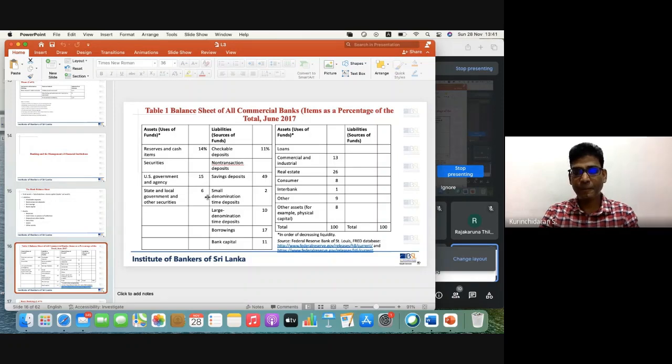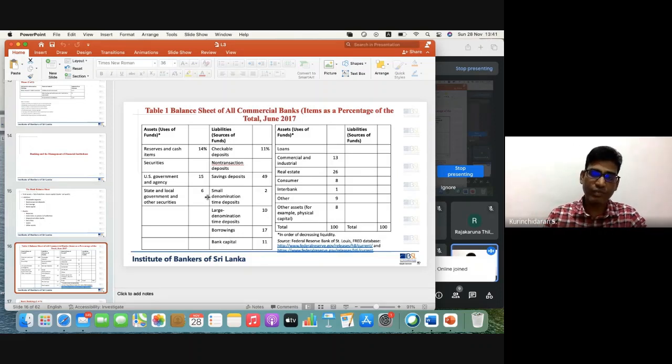And then if you take loans, there are commercial loans 13%, real estate 26%, consumer loans 8%, interbank 1%, other 9%, and other assets, basically physical assets, 8%. This is the accumulated, or aggregated, balance sheet of the US financial system.